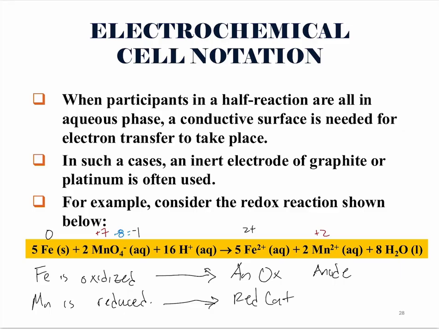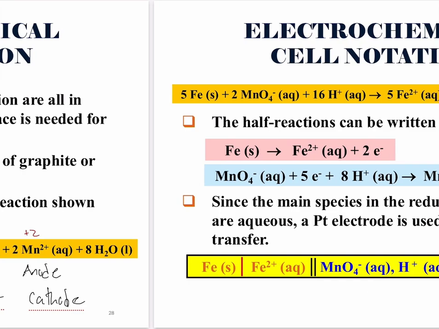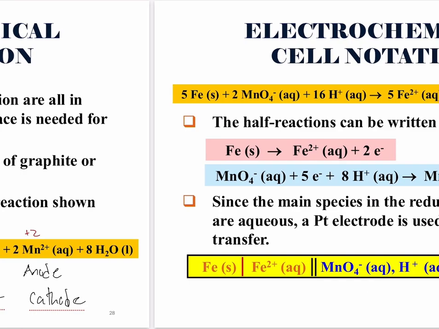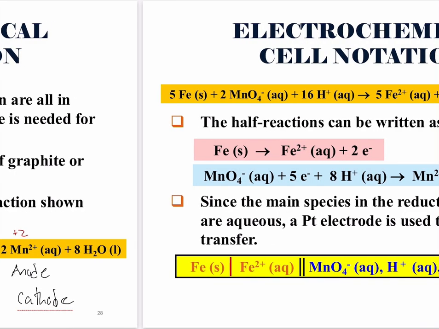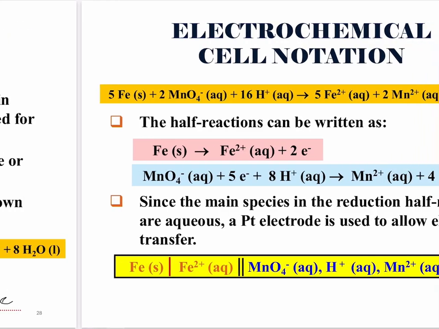Red cat. So that's going to be the cathode. So the first step was, okay, which is being oxidized, what's being reduced? Once we know that, then we can look at the movement of electrons in each of these cases. Okay, is everyone still writing, or can I move on?